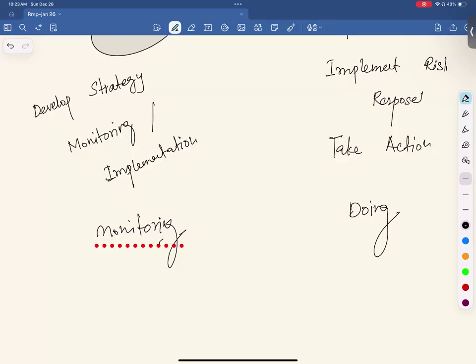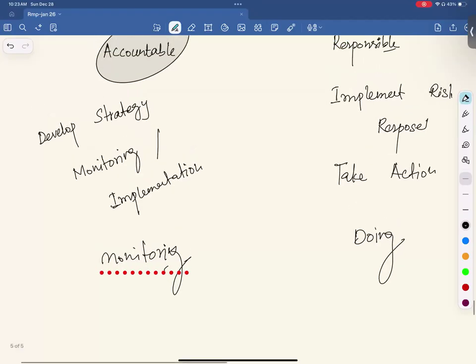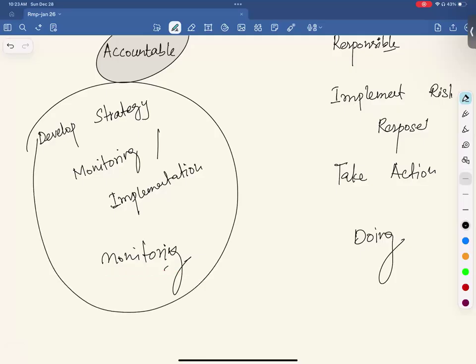Okay. The correct answer is risk owner, because we are talking about developing strategies and monitoring implementation. If you read the question, who is responsible for developing responses to risk and monitoring the implementation strategies? Yes, doing implementation, taking action is the job of the risk action owner, but monitoring is the job of the risk owner.